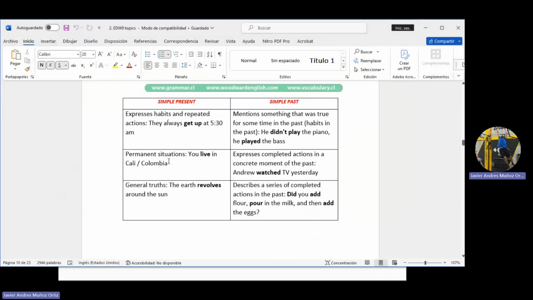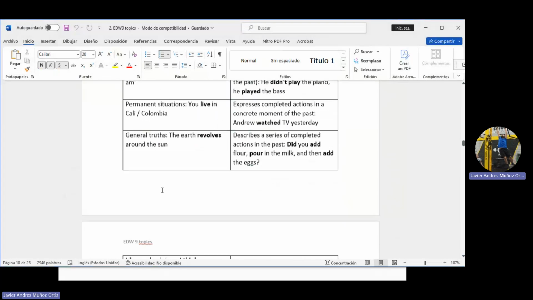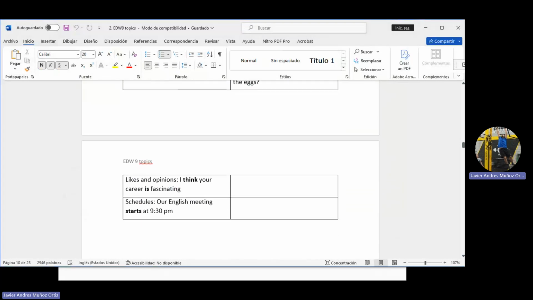It is also used to talk about permanent situations, to talk about general truths, something that is true in Colombia, Ecuador, Brazil, Germany, Poland, the United States, Vietnam, and so on. The fourth reason why we study simple present tense is to talk about likes, opinions, and hobbies.